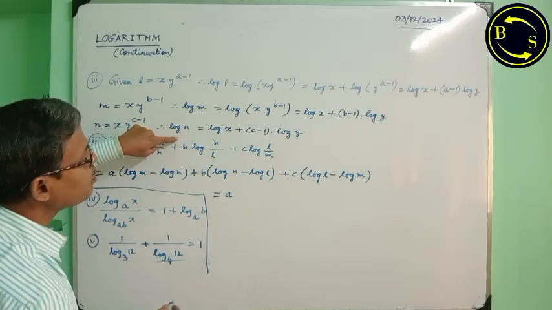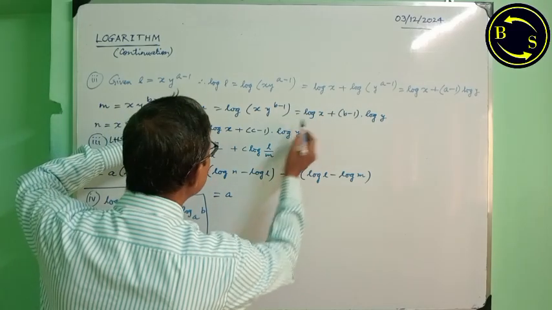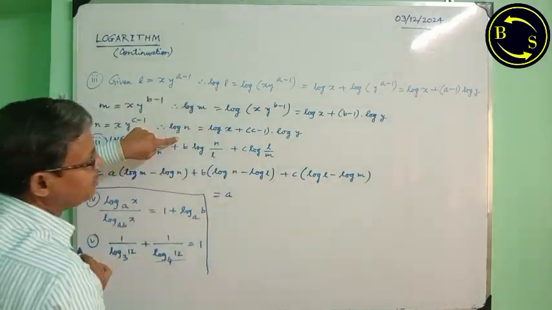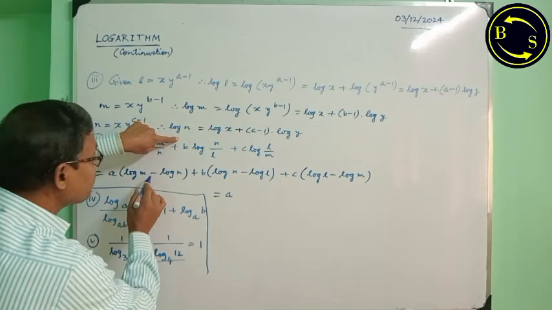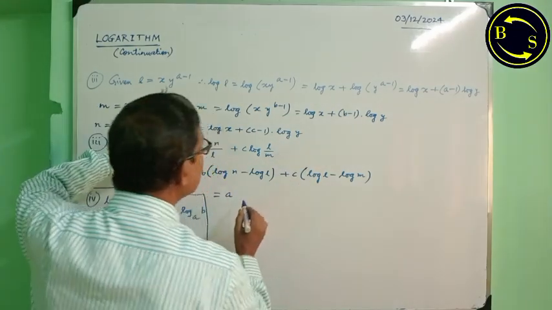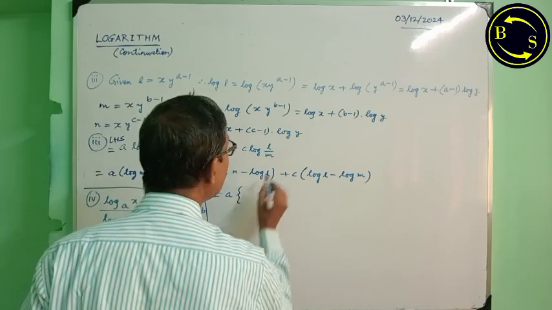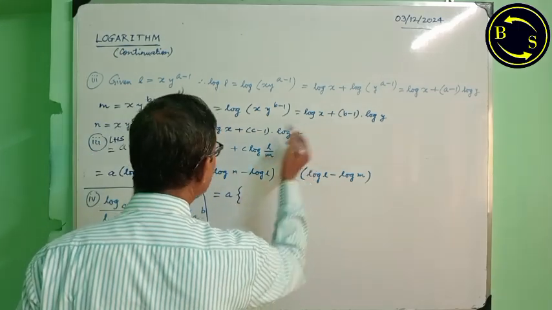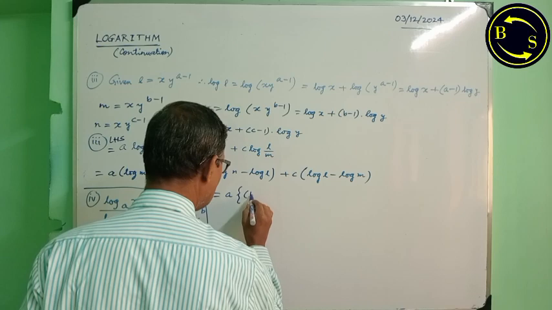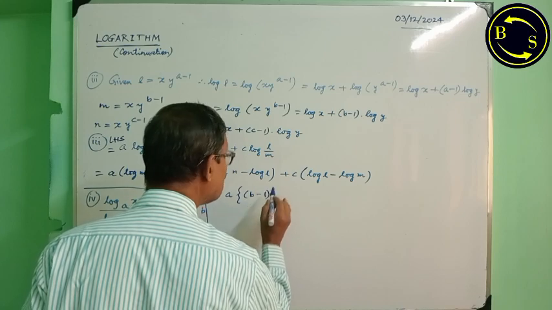If we put the values, you see log x will be cancelled. Since there is a minus sign, these two will be cancelled. Therefore, we don't write log x here, as it is a large one.